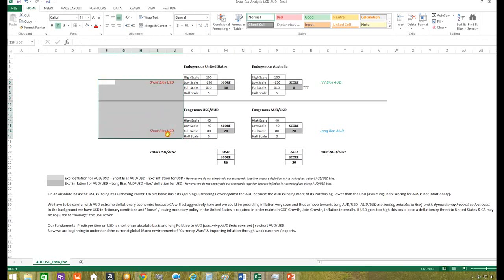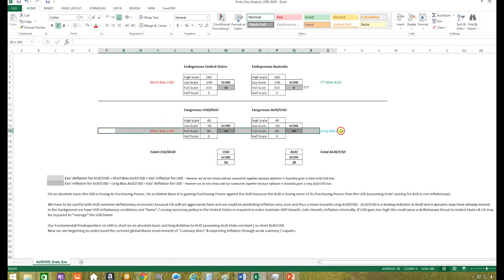So if you recall earlier that we had a long bias through our exogenous analysis, so by default, through our dynamic relativity principle, we had a short bias in the Aussie dollar US dollar exchange rate, which means a long bias in the US dollar or US economy side, and this took away from our short bias.